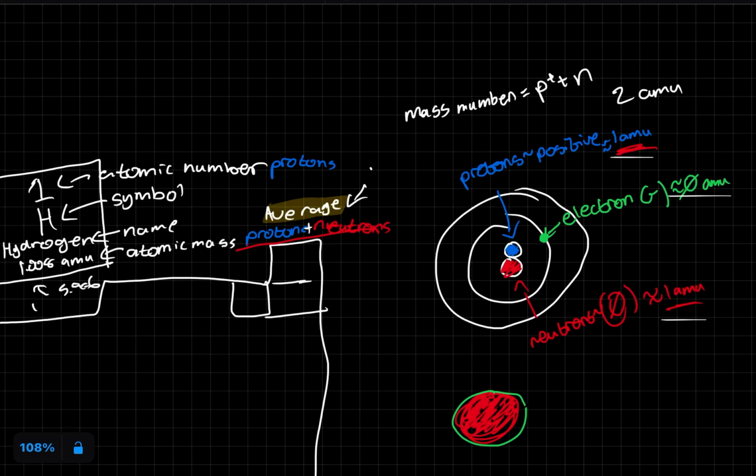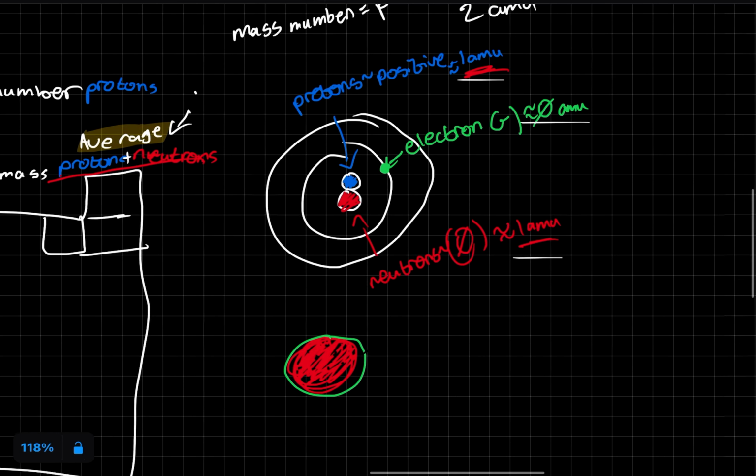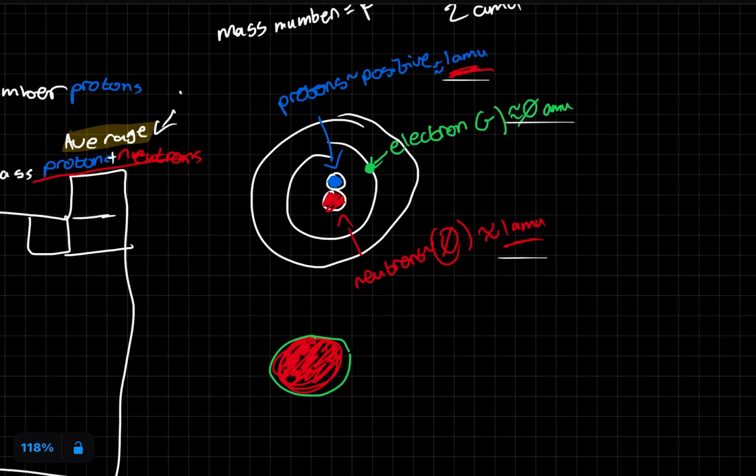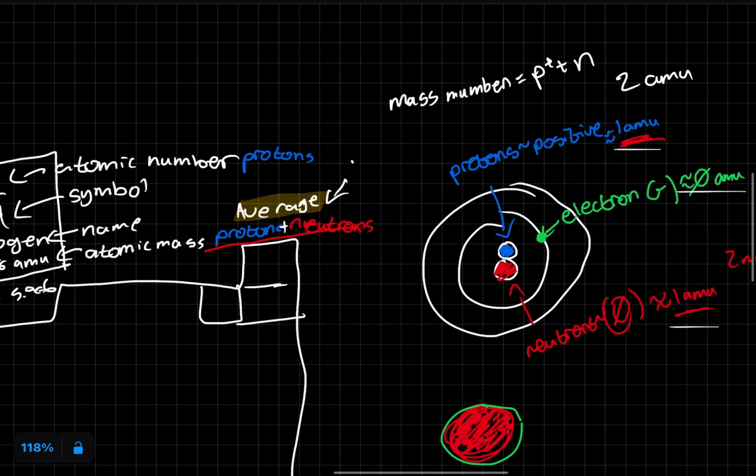And like I was saying earlier, this is an isotope of hydrogen. So isotopes are just different versions of an element with a different number of neutrons. So there could be an isotope of hydrogen with 2 neutrons, 3 neutrons, 4 neutrons. I mean, there's probably not any of those discovered recently, but it's possible. Isotopes are just different numbers of neutrons.